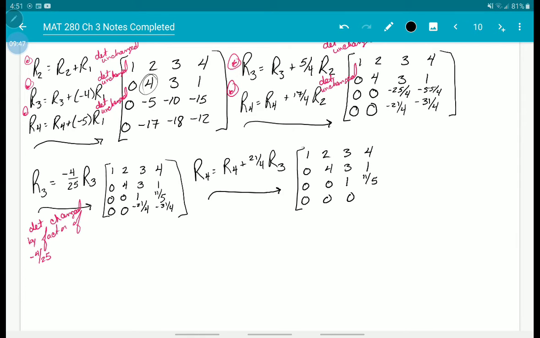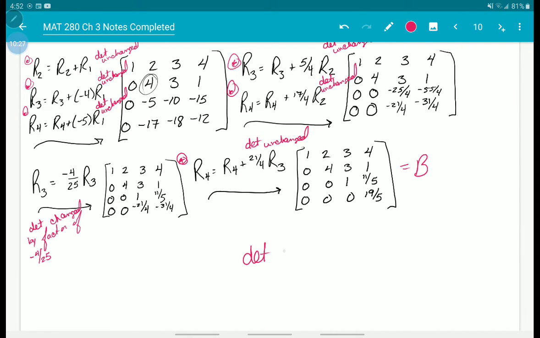So we're going to have negative 31 over 4 plus 21 over 4 times 11 over 5, and that's 19 over 5. Now, how did this change the determinant? Just like the previous steps, we took a row and replaced it with that row plus a multiple of another row, so the determinant's not going to be changed. I'm going to call this guy matrix B. That is my matrix reduced to upper triangular.